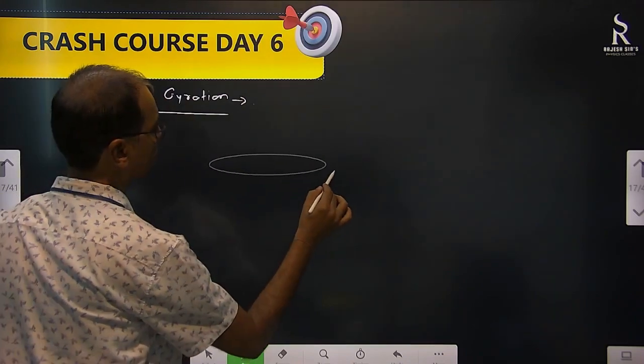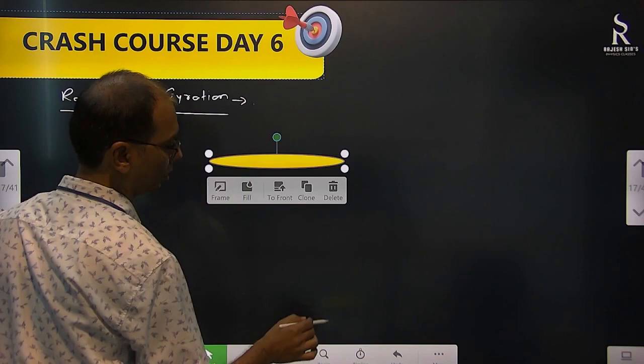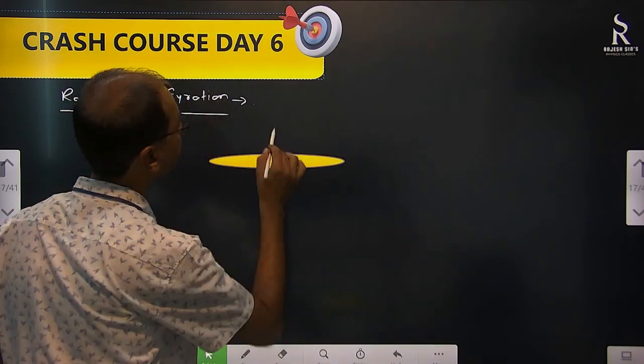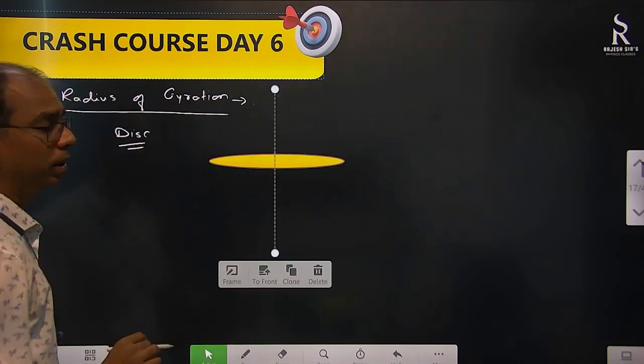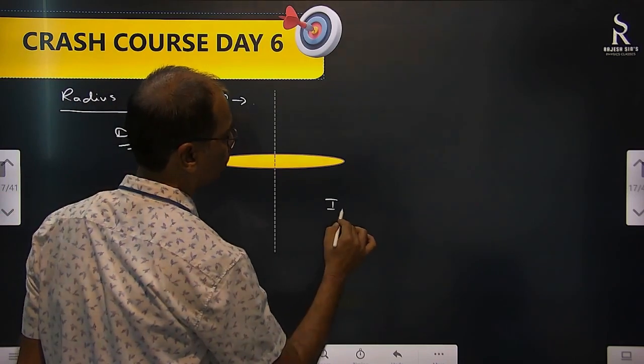Now we know that the moment of inertia of this disc about an axis passing through the center perpendicular to the plane is mr square by 2.